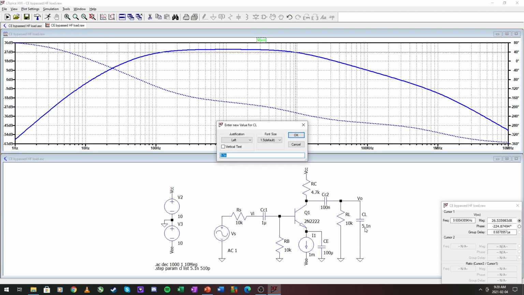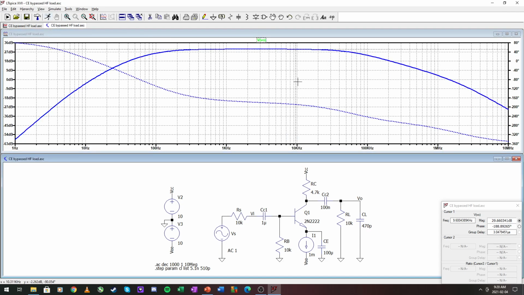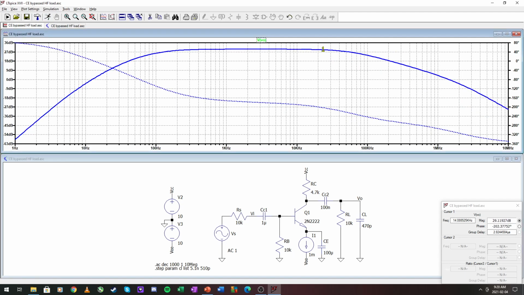Next up, this was 470 picofarads for our 25 kilohertz design. Okay, 29.6, so 26.6 around here, and that came out as 59 kilohertz.